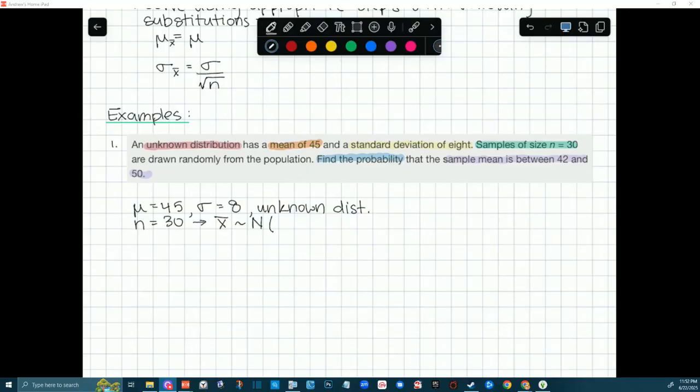And I know that it should have the same mean that the population did, and it should have a standard deviation of the population divided by the square root of n. And then I'm asked, what is the probability that that sample mean x bar is between 42 and 50?